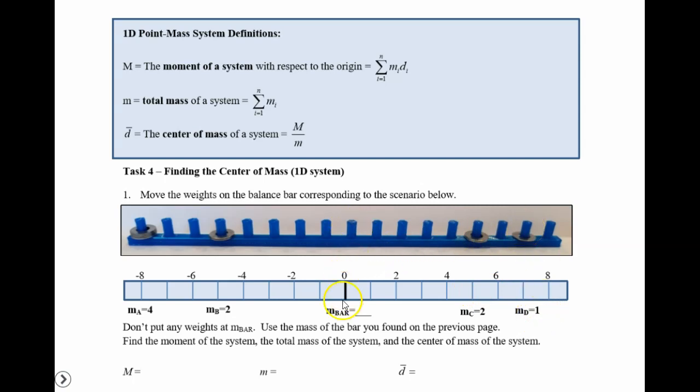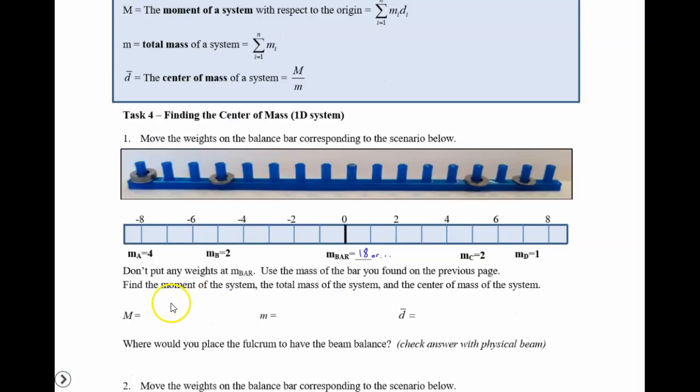And the center mass, the mass of my bar, is whatever you just found on that last step. If I had the yellow one, it's 18, or 16, whatever you found on the last page. Then go ahead and compute this out.